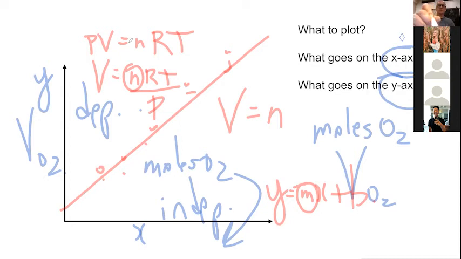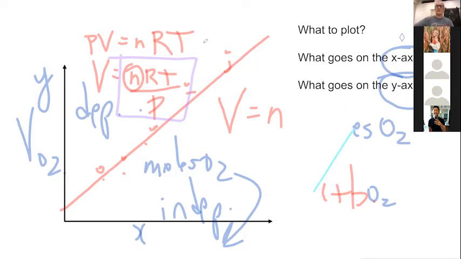Right here, what are we multiplying n by to get volume? RT over P. Couldn't have said it better myself. Exactly right.